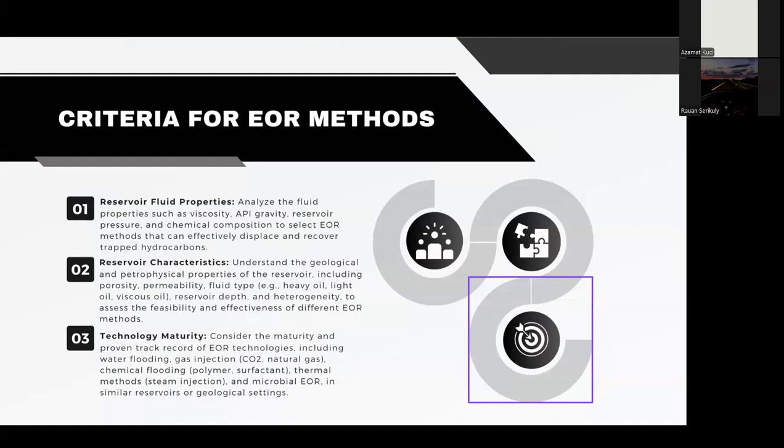So the third one, the technological maturity. Consider the maturity and the proven track record of water flooding, gas injections with carbon dioxide or natural gas, chemical flooding like polymer and surfactant, thermal methods like steam injection, and microbiological EOR methods in similar reservoirs or geological settings.